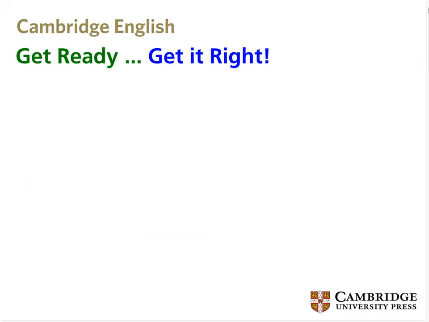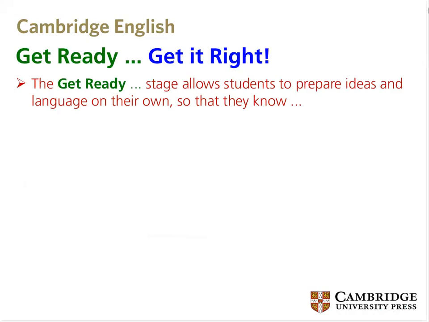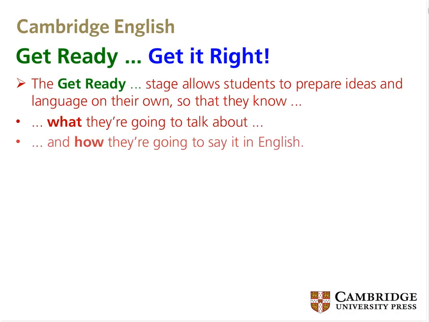Okay, so these are the principles of our Get Ready, Get It Right sections at the end of the grammar lessons. The Get Ready stage allows students to prepare ideas and language on their own, so they know what they're going to talk about and how they're going to say it in English.